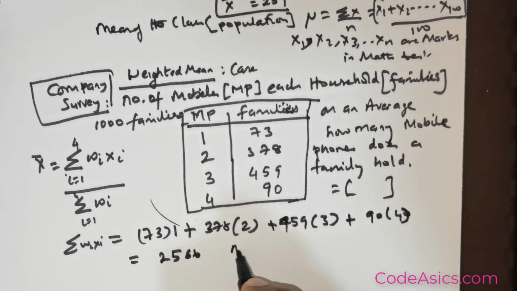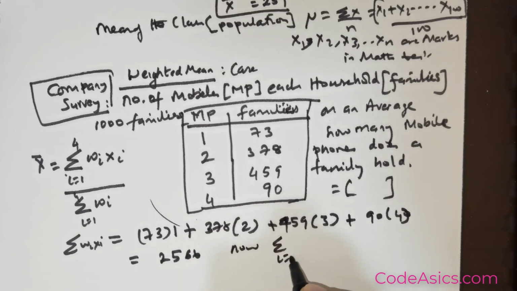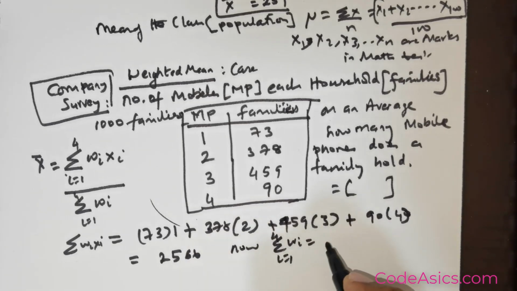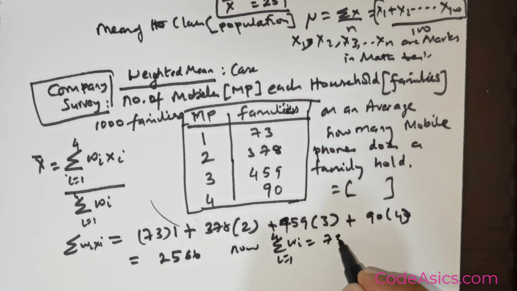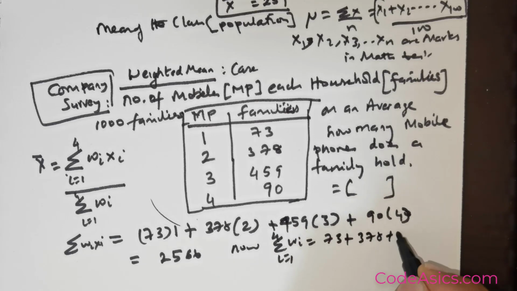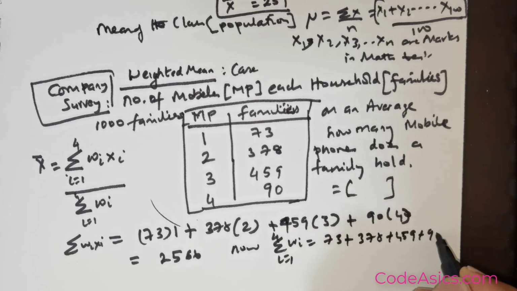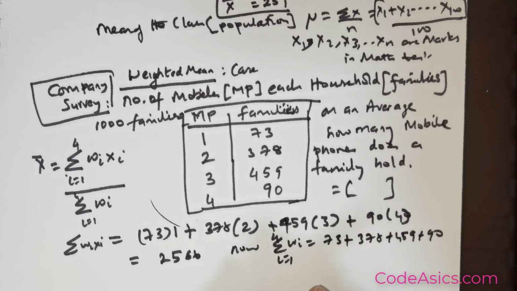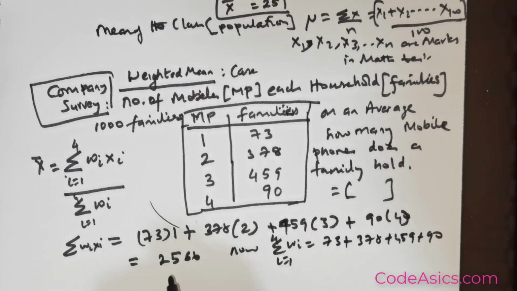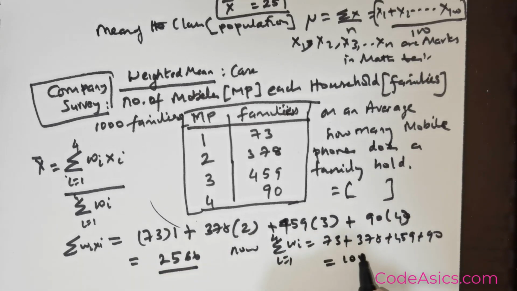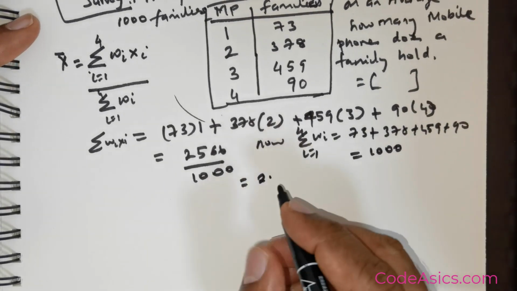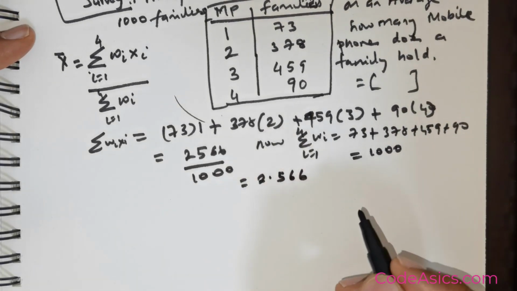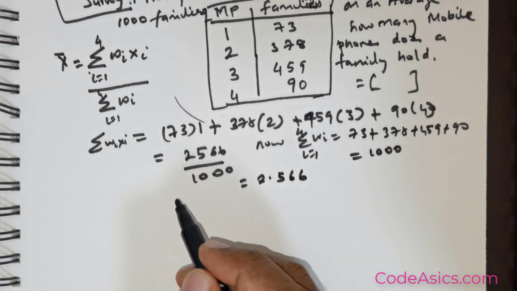Now what you got to do is find the sum of i is equal to 1 to 4 of wi. So as I mentioned to you, this is the weight. So 73 plus 378 plus 459 plus 90. This is the weight that we have summed up, and that has accumulated to 1000. Divide by 1000 and you get the value of 2.566.